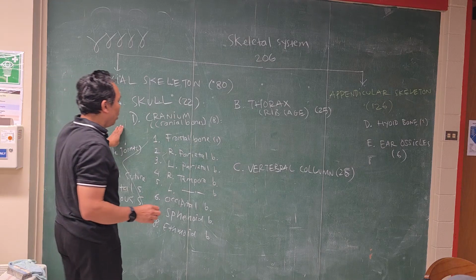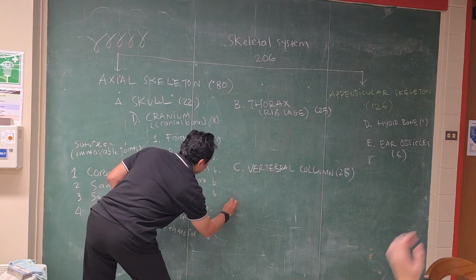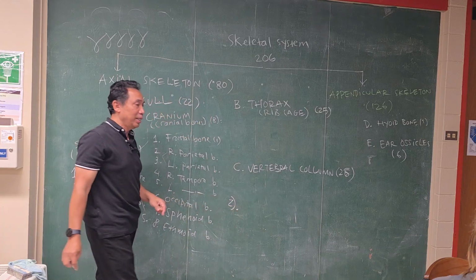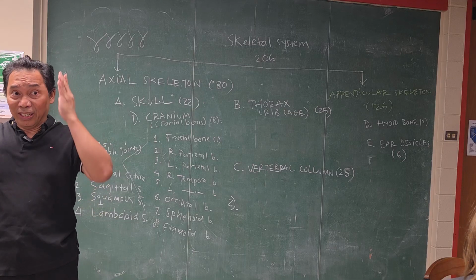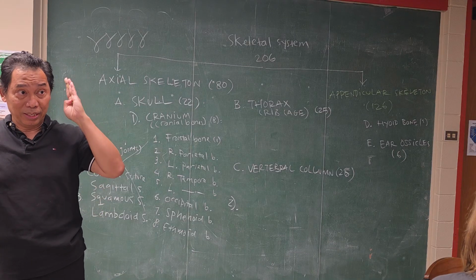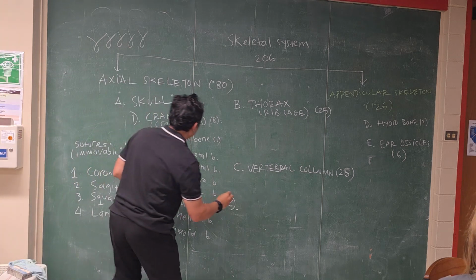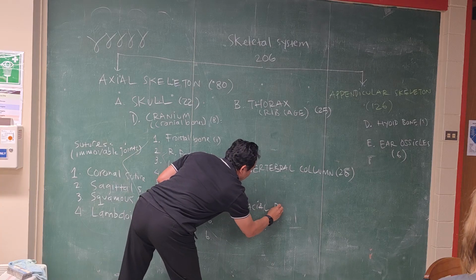Okay, second part of the skull is the bones of your face. What do you call that? It's called the facial bones.